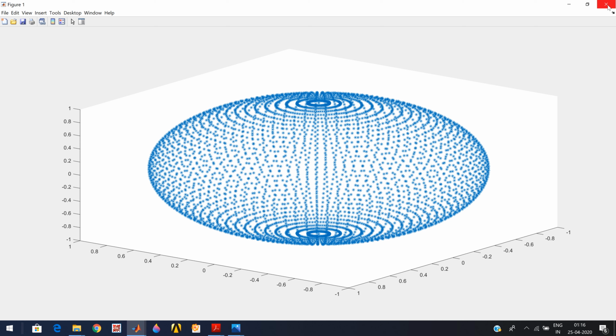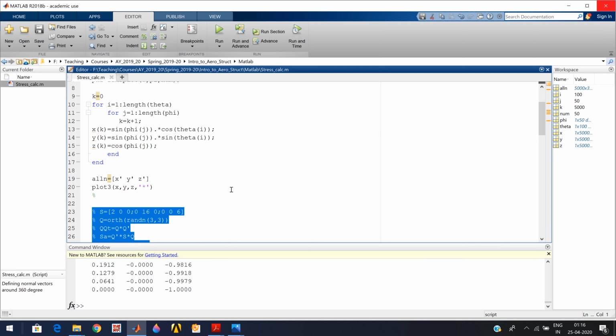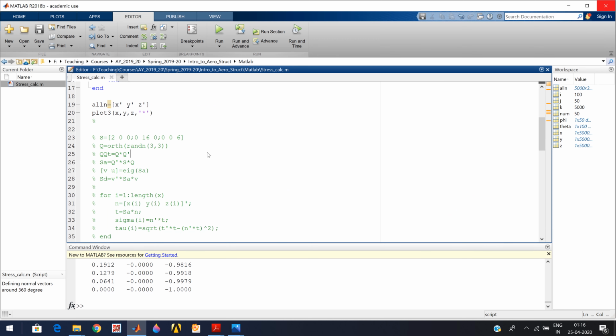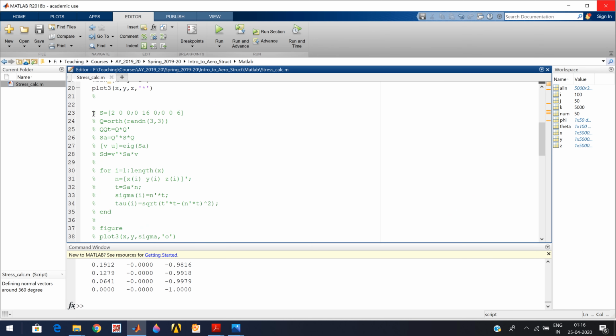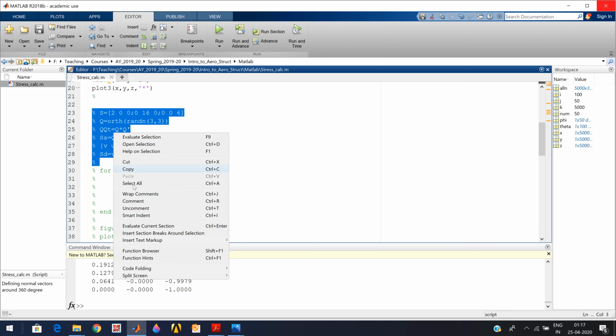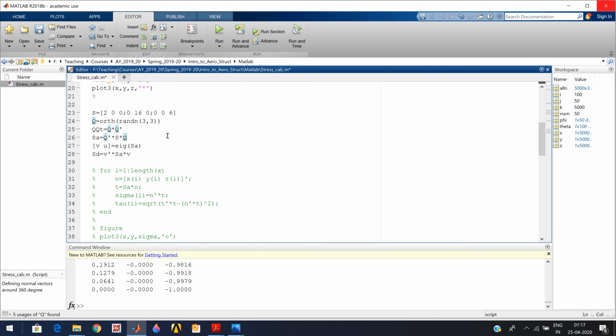All right, so now let's see what else we have in this code. Now let me uncomment this portion. So here I'm defining one stress matrix as having diagonal values 2, 16, and 6.